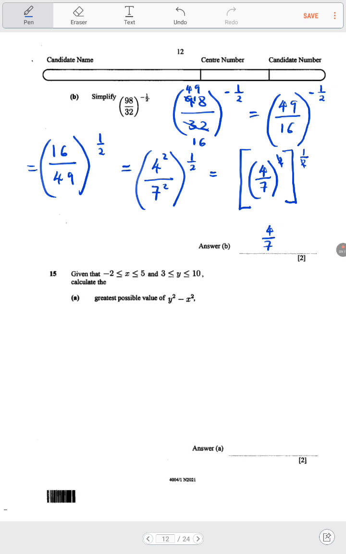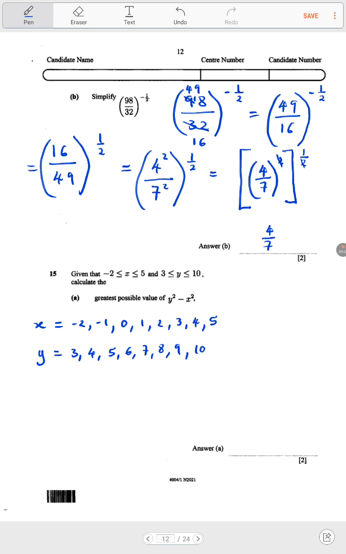Okay, let's do it this way. We're going to say the range for x is minus 2, minus 1, 0, 1, 2, 3, 4, 5, and for y the range is 3, 4, 5, 6, 7, 8, 9, 10.